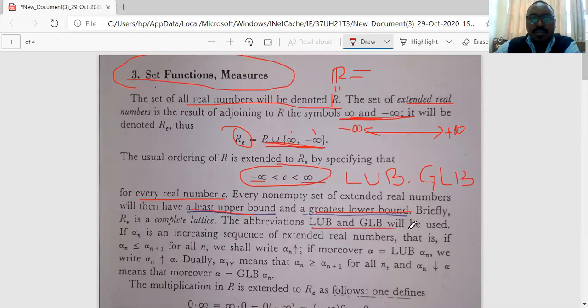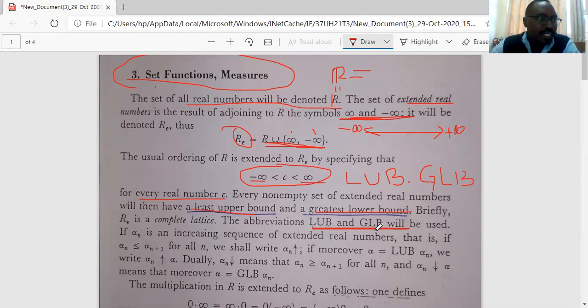These symbols here: least upper bound, and then the greatest lower bound. This is what we call the supremum and the infimum of these variables. But the terms supremum and infimum are in the context of the real number system.